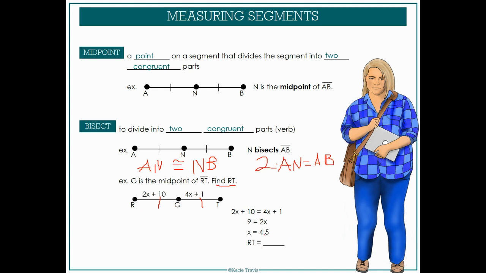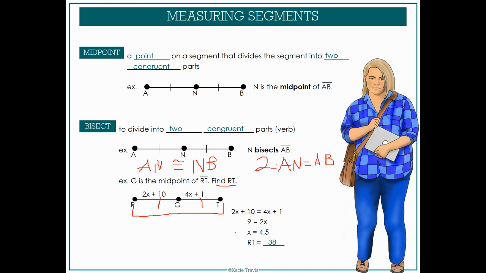So if x is going to be 4.5 when I go through solving it, I plug that back into this plus this, and that gives me what the whole line segment is, which is 38. Again, I only get that because I know this plus this is what I get when we add these two together. And since I know what x is equal to, I can just plug that in there and evaluate it accordingly. No biggie.